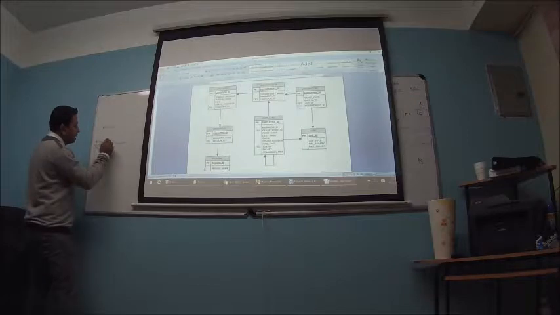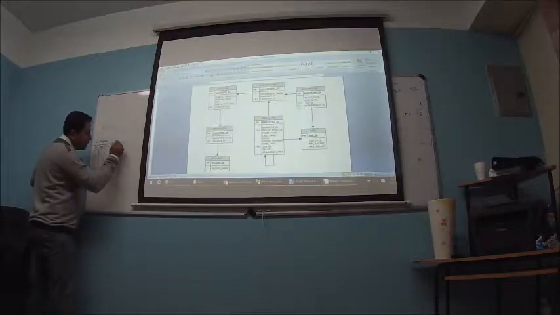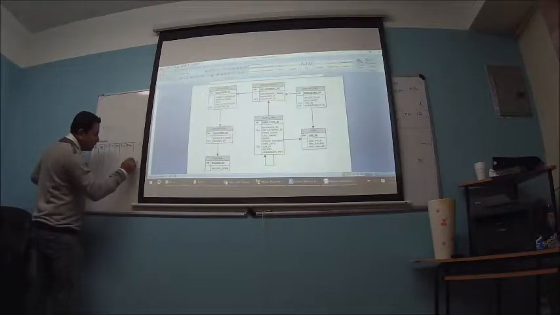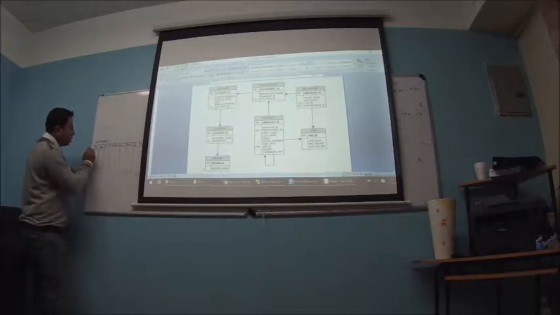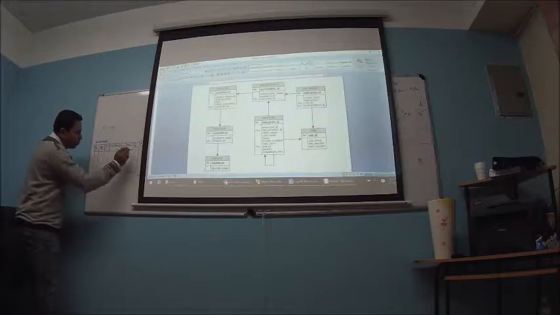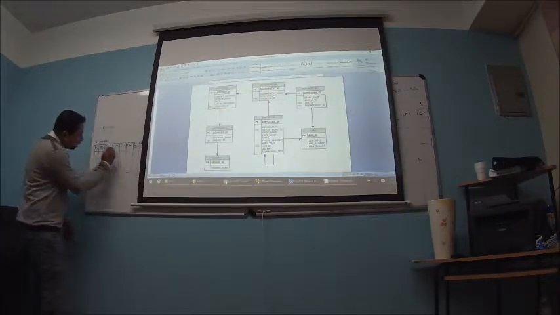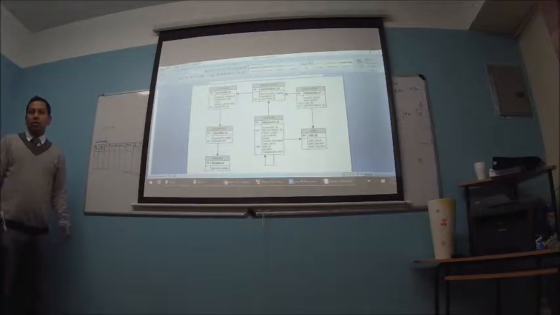So first name, last name, department ID, email, phone number, hire date, job ID, salary. So you see, this is how you will put the information in there. Even though they are written that way, actually your structure is going to look like that. Make sense?